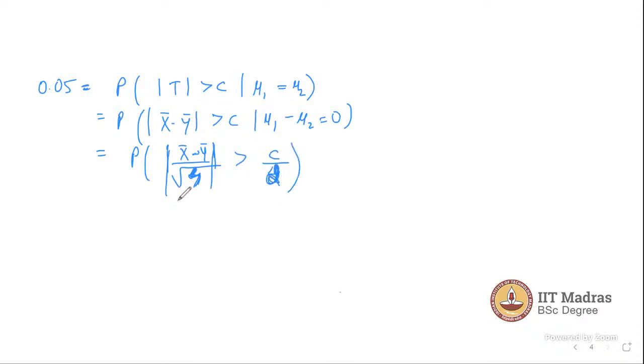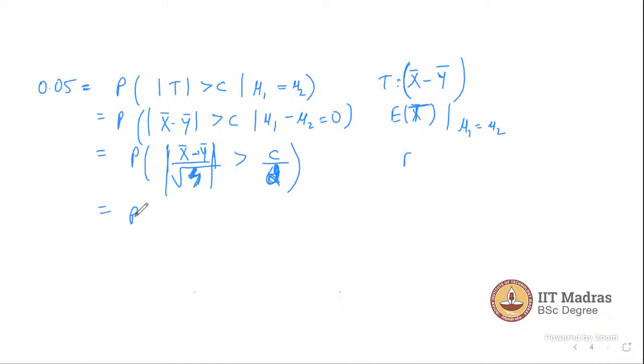Here we are not subtracting mu from the numerator as we did previously. Why? Because our test statistic is x bar minus y bar. What is the expectation of t given that mu1 equals mu2? It is going to be 0, so t minus 0 doesn't affect t.